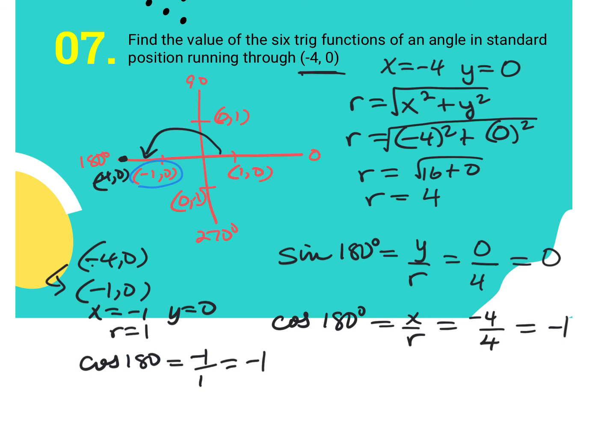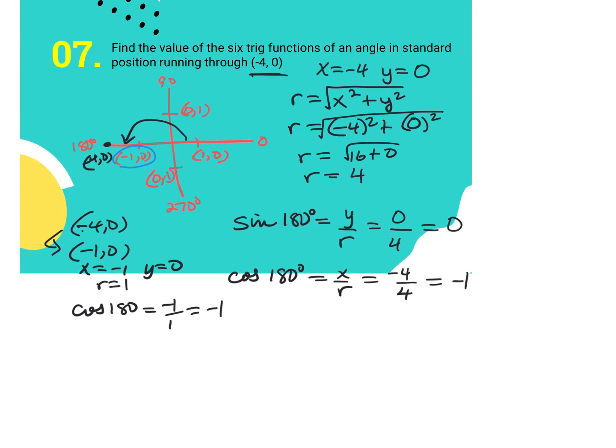So I need to find all 6. Let me just go ahead and do tangent, and then I'll do the reciprocals. Either way, I'll just go ahead and finish this using the original given. So for tangent, it's y over x. If I plug it in, 0 over -4, this one gives me 0.